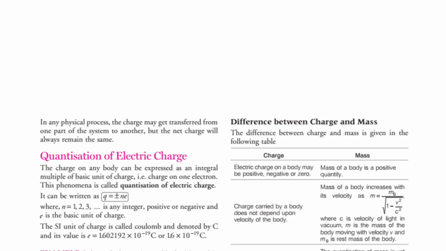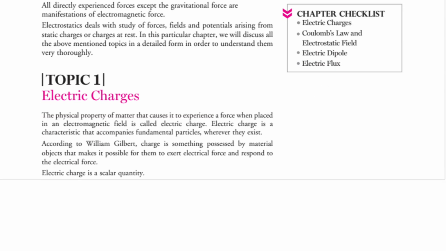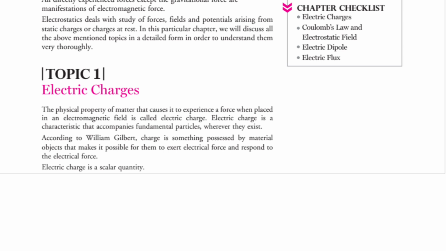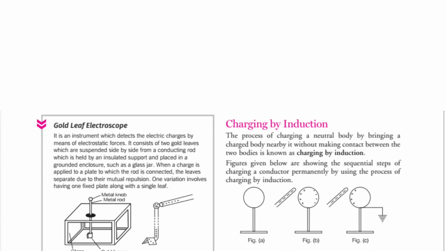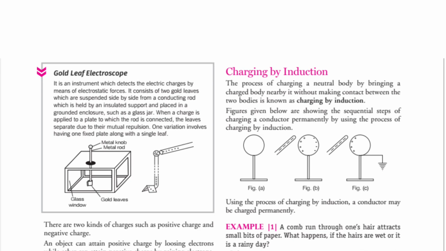So what we saw in this chapter: electric charges, positive and negative, and electric charge is a scalar quantity. Then we have the example of the gold leaf electroscope, what exactly the positive and negative charges are there on it, and electrostatic forces.